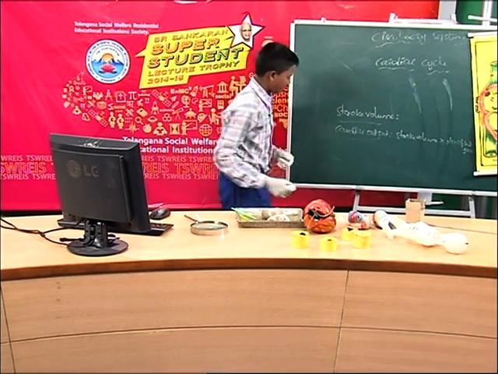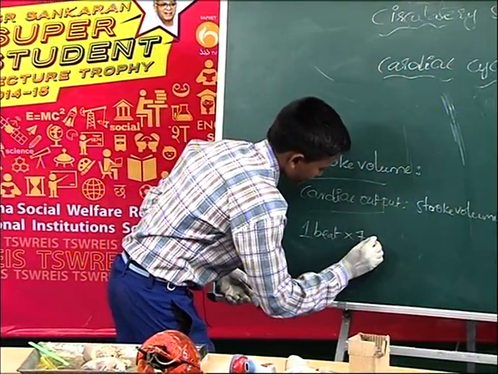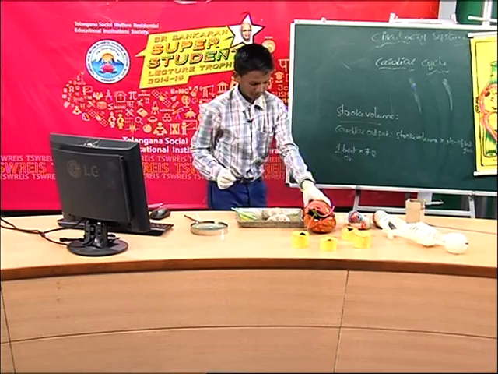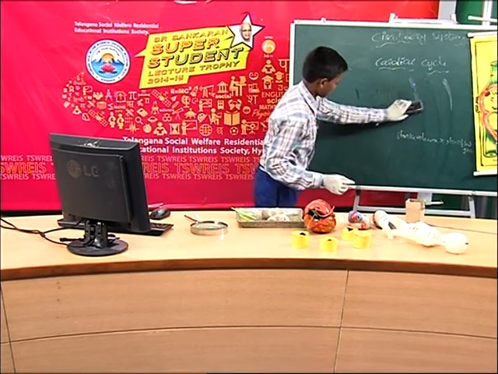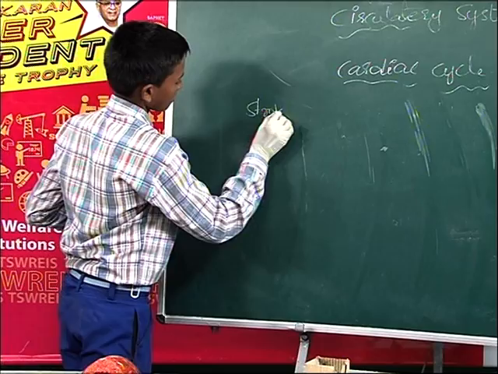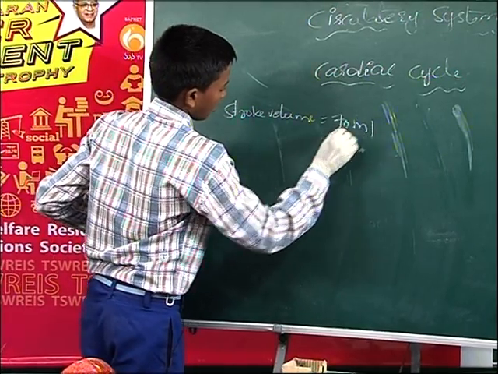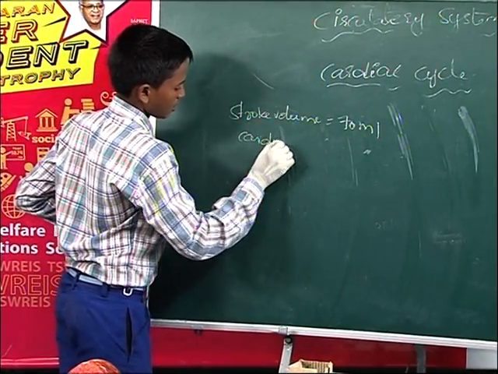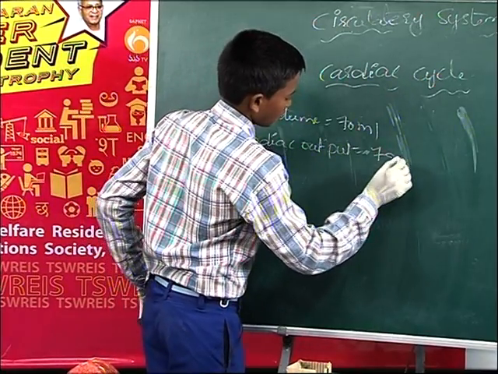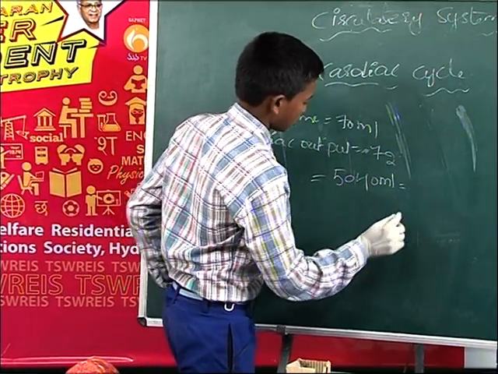Stroke volume is 70 ml per beat, and the heart rate is 72 beats per minute, so the cardiac output is about 5 liters.